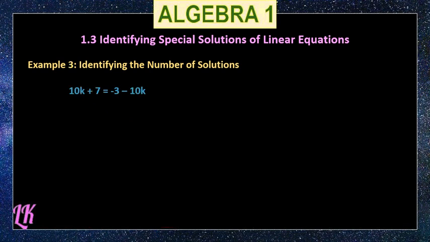In the third equation, we have 10k plus 7 is equal to -3 minus 10k.